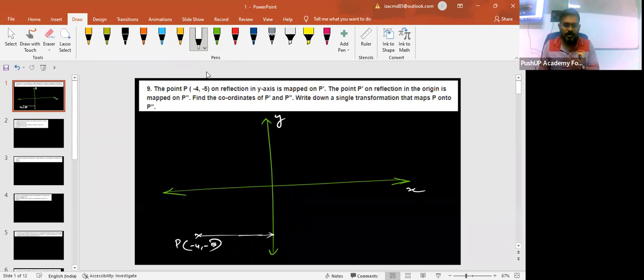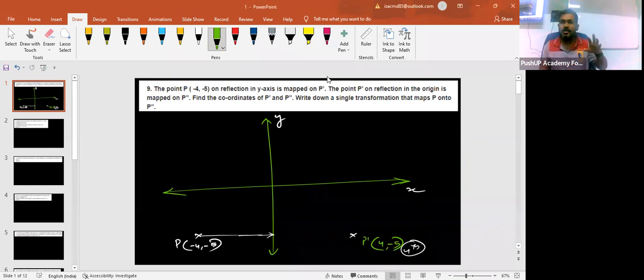The fourth quadrant, isn't it? So this is your fourth quadrant. And where will it reach? It will reach point P dash, whose coordinates are... I taught you a very easy technique to determine the coordinates, isn't it? When it is in the fourth quadrant, x is positive, y is negative. So -4 will become +4 and -5 stays -5. You're done with it.